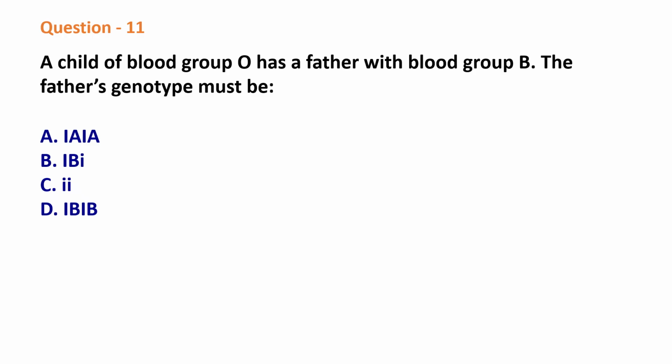We know that the blood group of the child is O. So definitely in the father, one should be small i. Let's see the correct answer. Correct answer is IBi. So father's blood group is B. So definitely IB should be there. Now what is the other one? Whether it is IB or a small i, we can decide it easily by looking at the child's blood group.